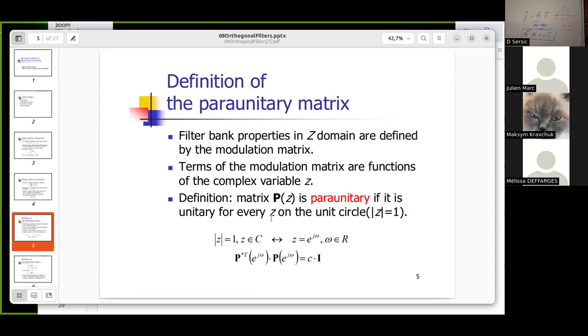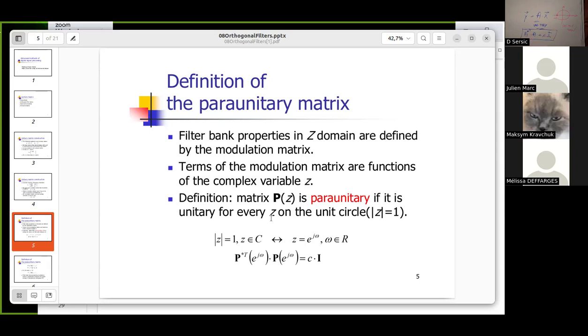So the elements of such a matrix are not numbers. The elements of such a matrix are functions of the complex variable z. That is our modulation matrix. We don't have to evaluate it anywhere, but on the unit circle, they must be unitary.